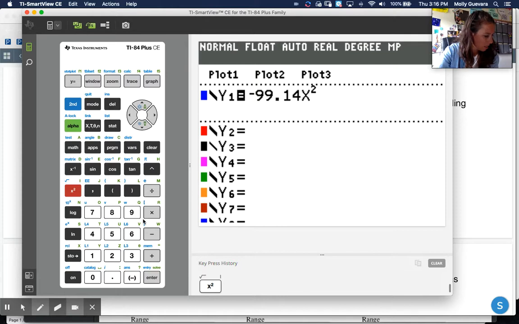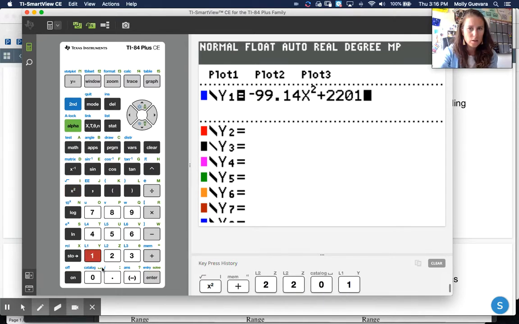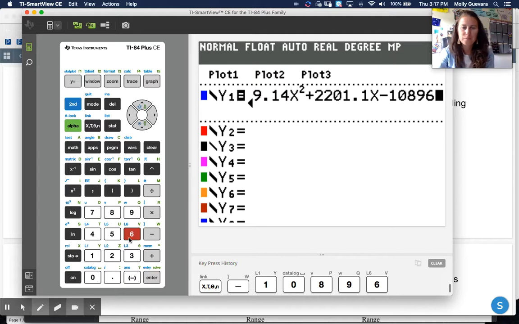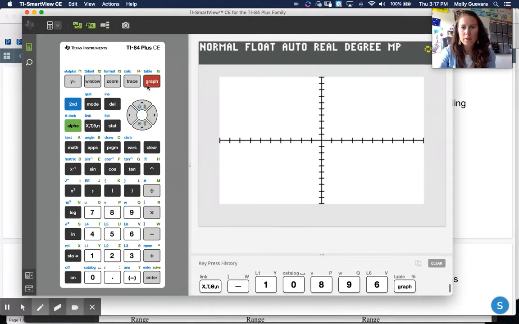And then plus 2201.1 x minus 10896. Okay, great. And then I'm going to hit graph. And I get that. What the heck is that? Right? That's not very helpful.